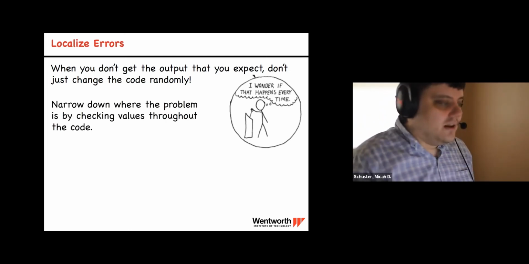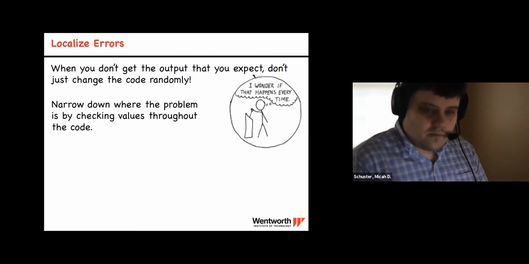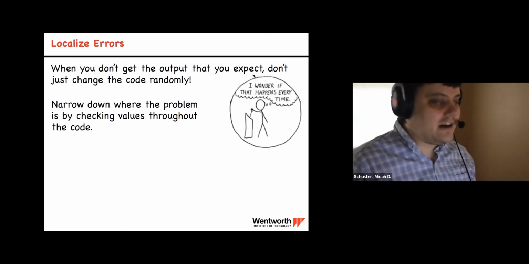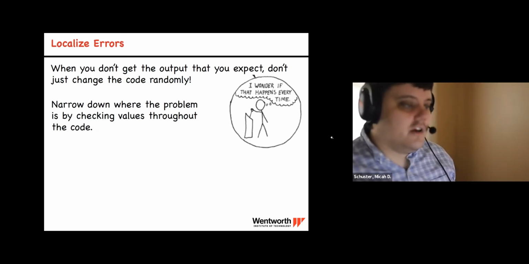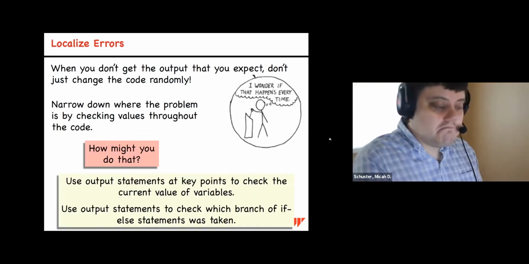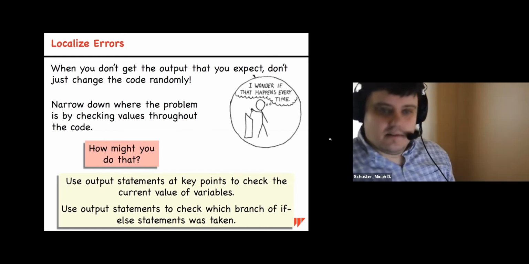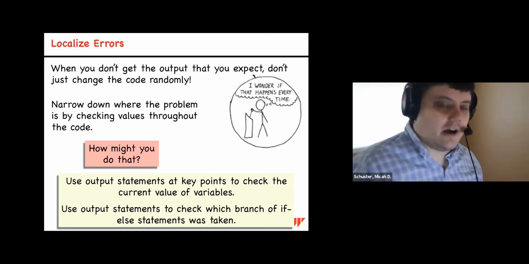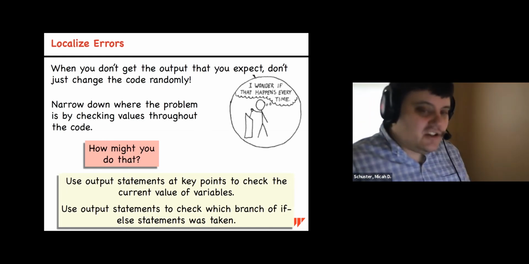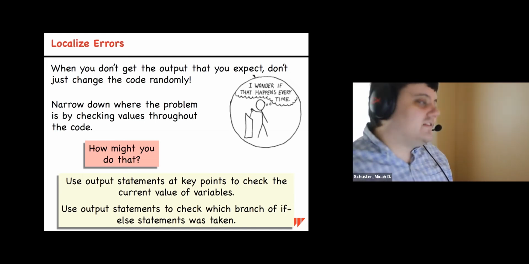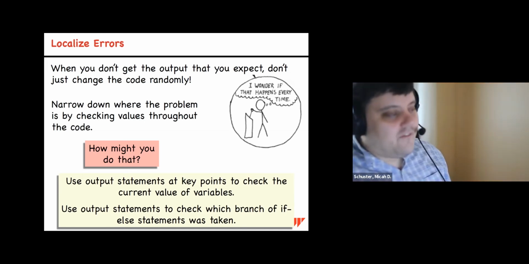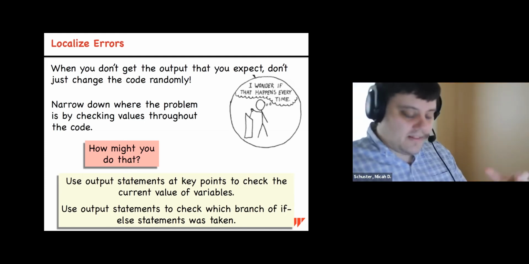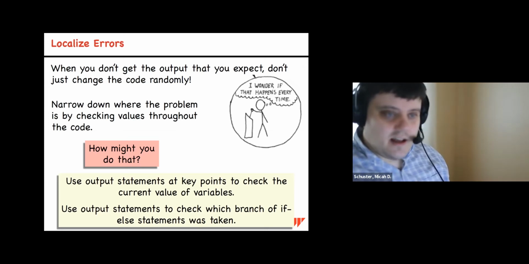So essentially, you're going to narrow down where an error might be coming from by checking values throughout the code. By checking values, I mean using a print statement. So if you're doing some complex calculation, you could check each individual step. And I've done this all the time. If I'm doing a calculation, I'll break the calculation into multiple parts, and I'll just print out each part.